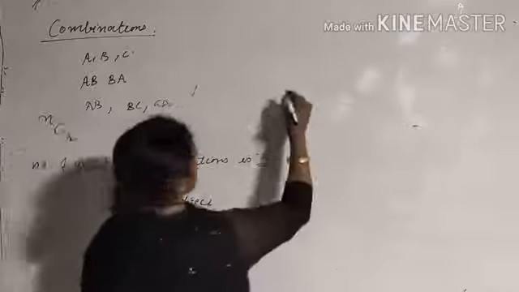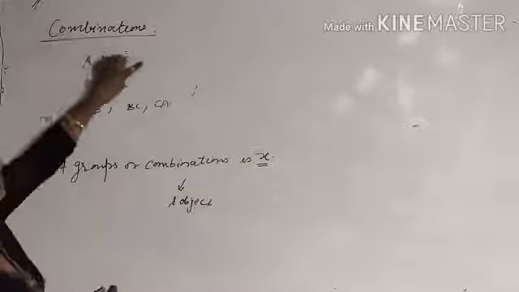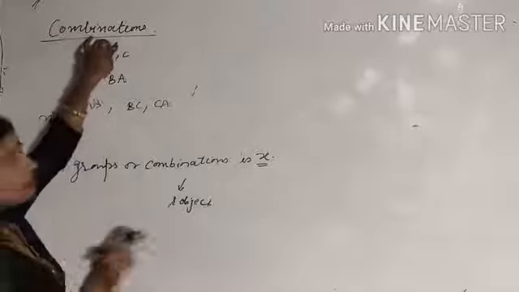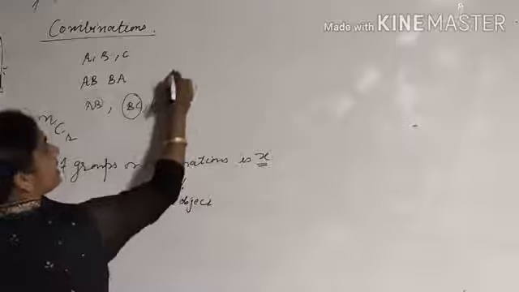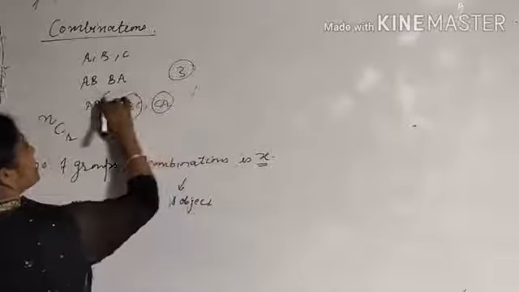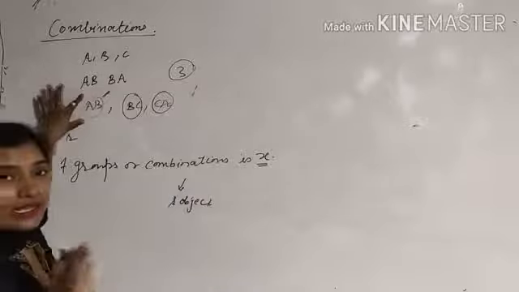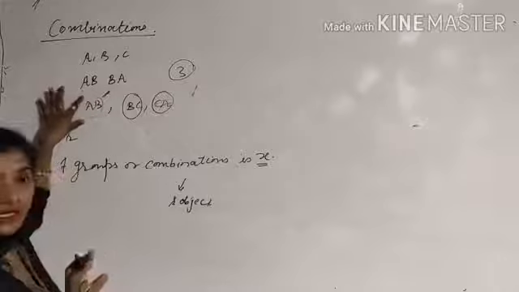Like suppose we have three objects and we want to make a group of two. So the number of groups is 3, and each group has 2 objects.